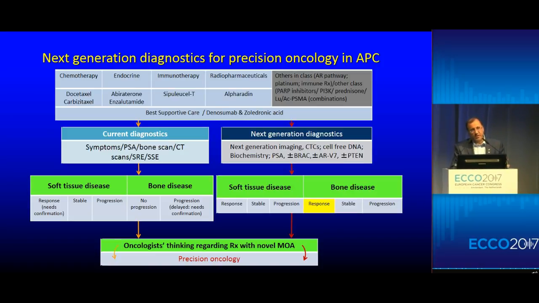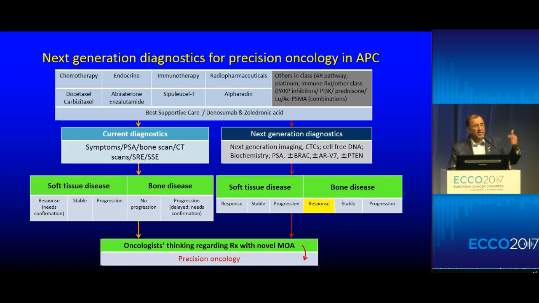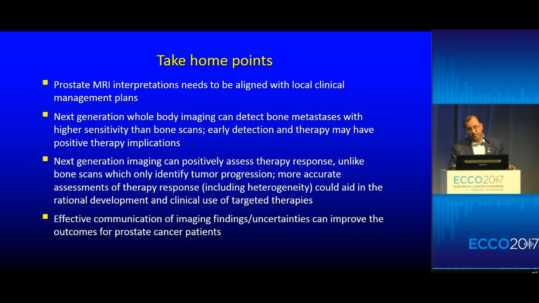Use next-generation imaging technologies, PET and MRI, and what you do is you split that group into three. So the bone disease gets split from progression, no progression, what you're doing now, to response, stable, and progression. That's the paradigm shift. It's very simple. Two categories to three categories. And that promotes the precision oncology medicine agenda.